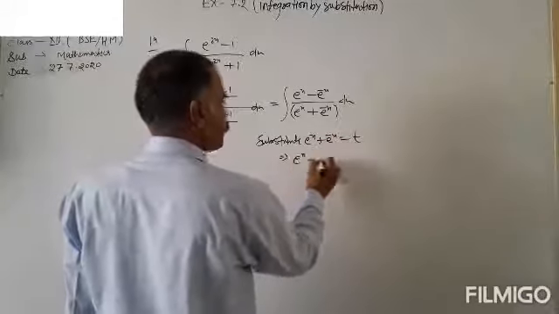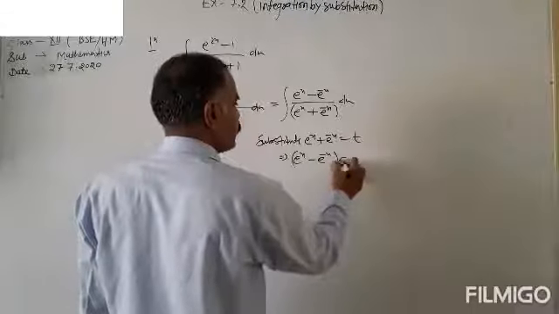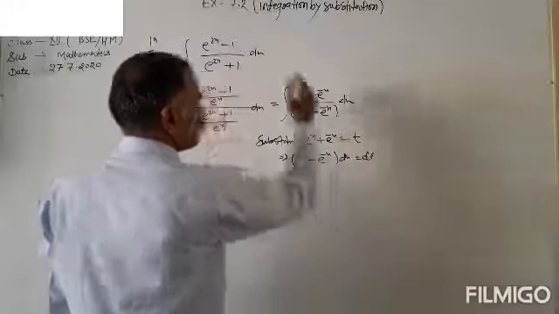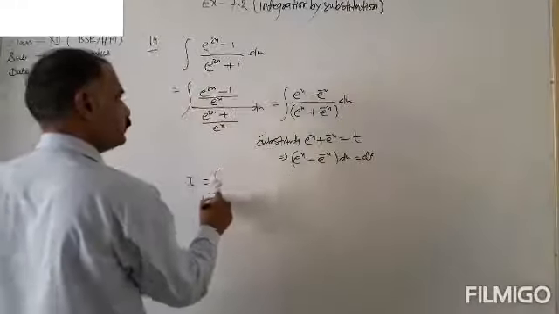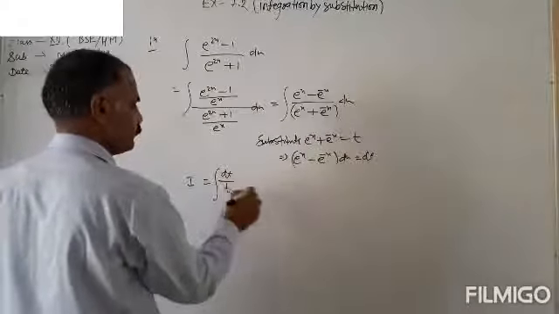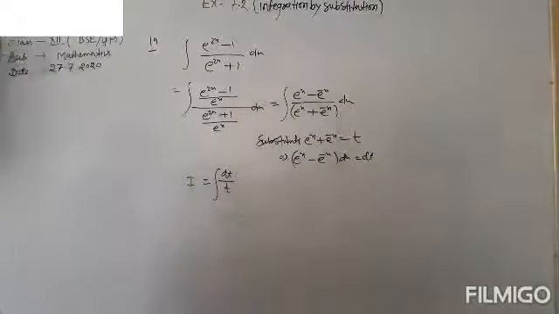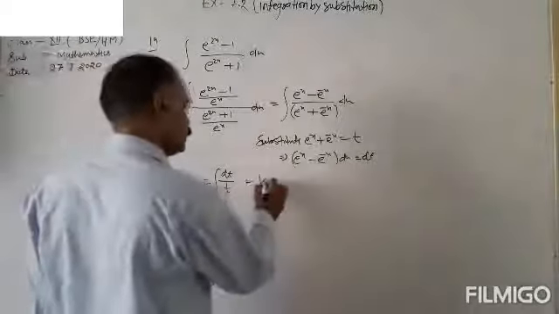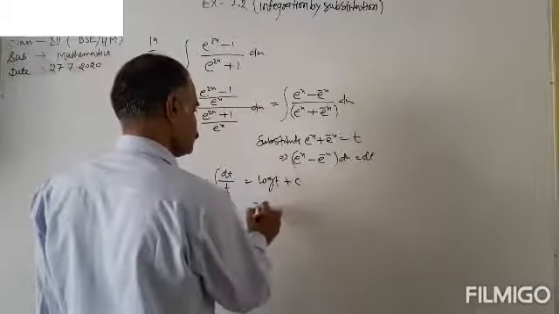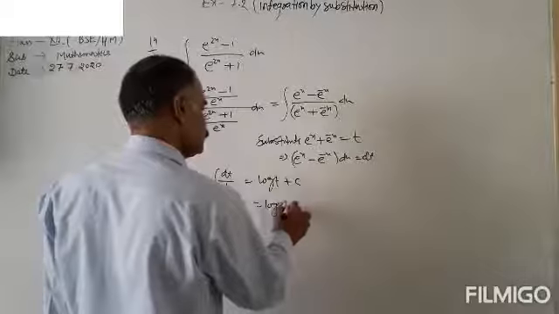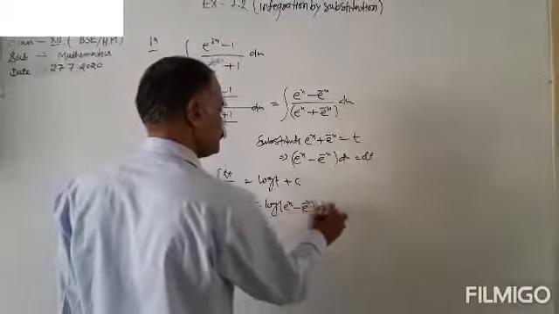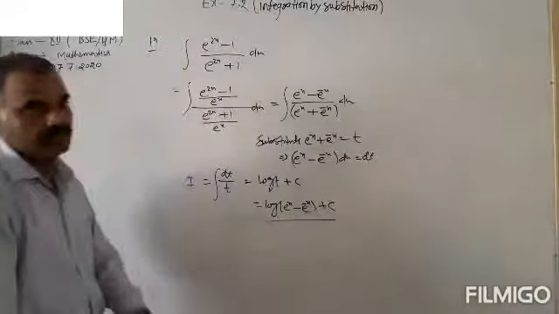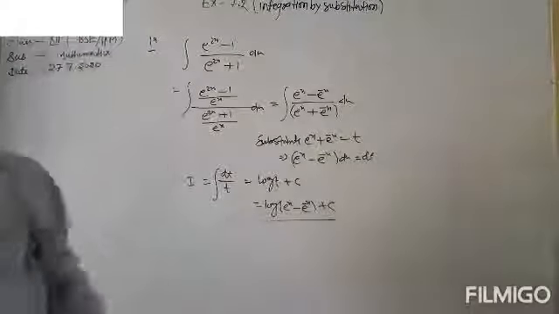So e to the power x minus e to the power minus x dx is equal to dt. So the integration is dt upon t, which equals log t plus c, where t means e to the power x plus e to the power minus x. So log of e to the power x plus e to the power minus x plus c. This is the answer of question number 19.